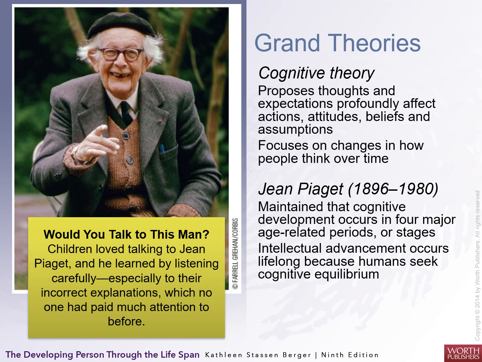Essentially, Piaget studied his own children, and it wasn't what they could do that he studied, it was what kinds of mistakes they made. And he maintained that cognitive development occurs in 4 major stages, and it occurs cognitively more than physically, that there's this drive to reach an equilibrium. Piaget became very popular when I was in graduate school in the 1970s.